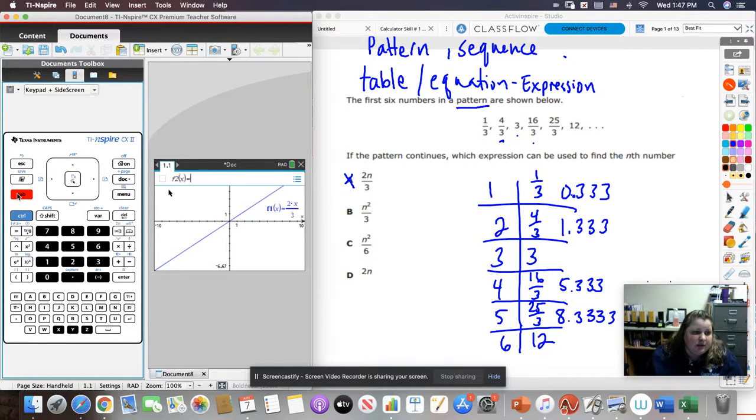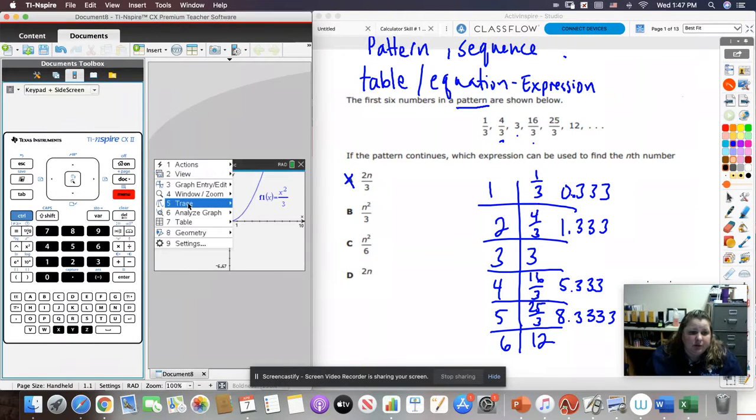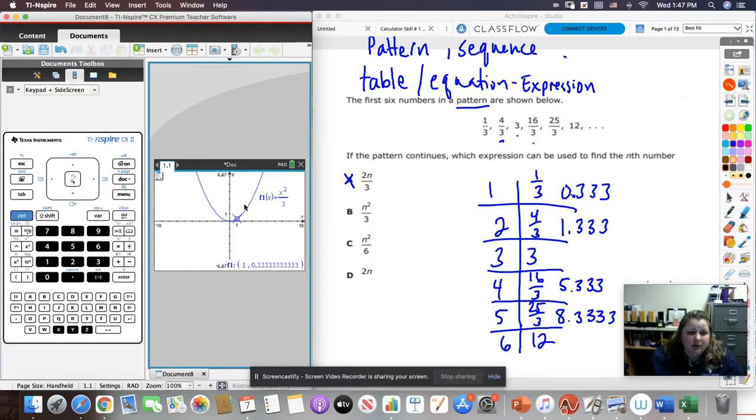Now I'm going to type in the next answer choice. I have to hit the tab button, up arrow key, delete out the first answer, and type in the second answer, x squared, again replacing x for n because we can't type another variable in there. Then Menu, Trace, Graph Trace. Since I'm in the same graph, it still has the input of 1 here. Output is 0.33. That matches.